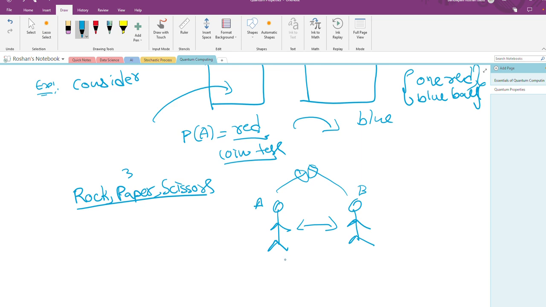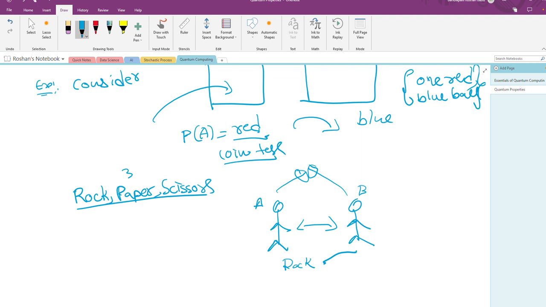If rock appears here, then there is a chance that he may give a rock, because he doesn't know what he is going to do.